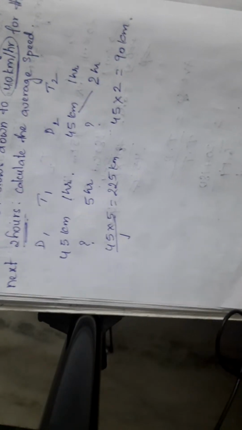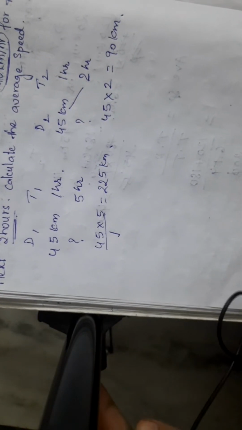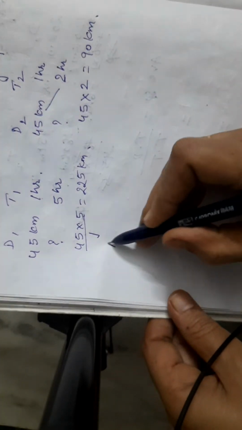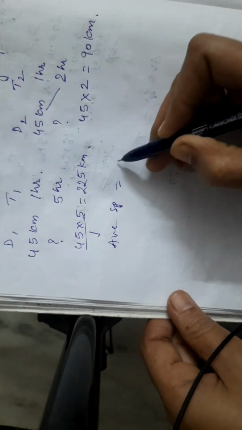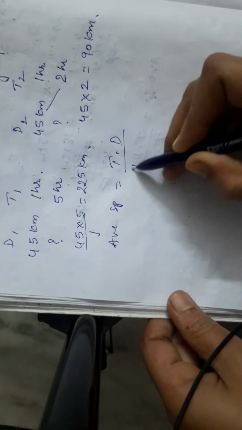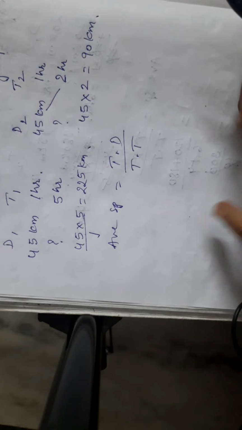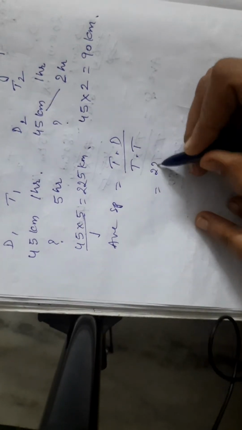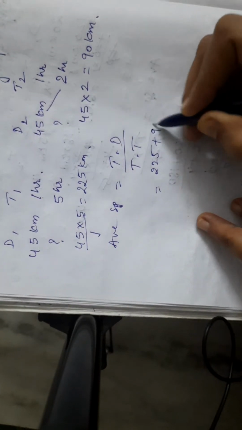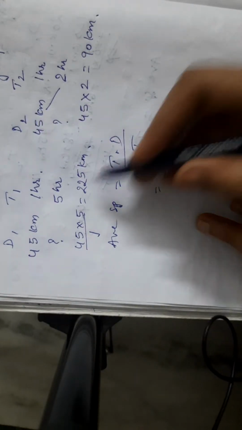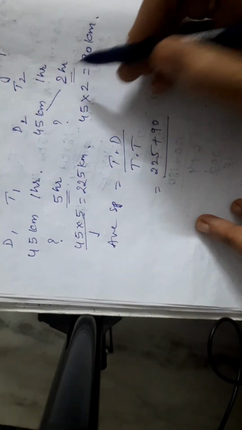Now we need to find out what is the average speed. So here average speed is total distance over total time. Now total distance we got first as 225, second distance as 90, whereas the total time is 5 plus 2.